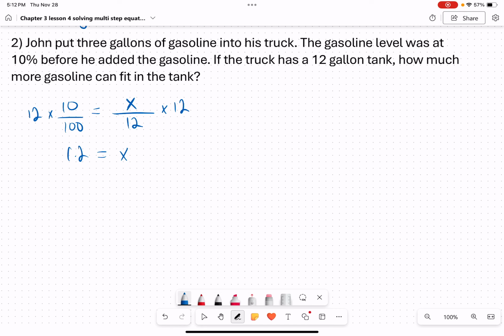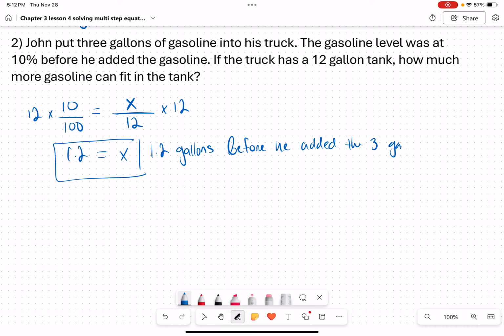So we have 1.2 gallons before he added the 3 gallons.